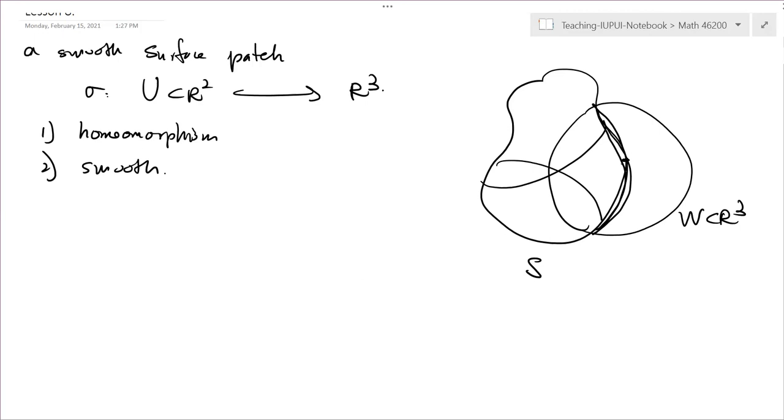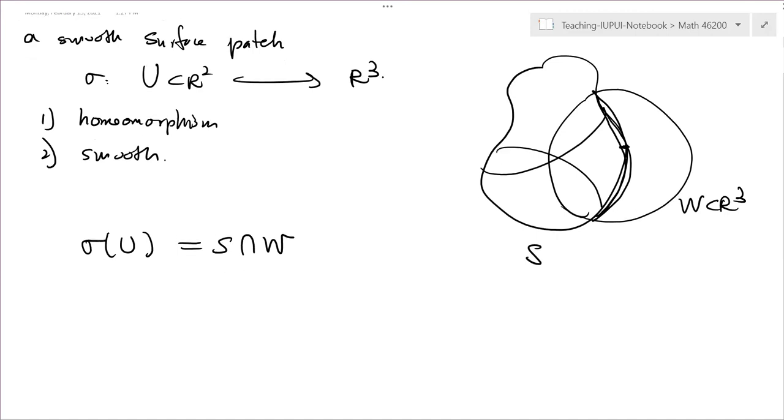So at every point there's an open domain, so that this sigma is going to be the image of the sigma.